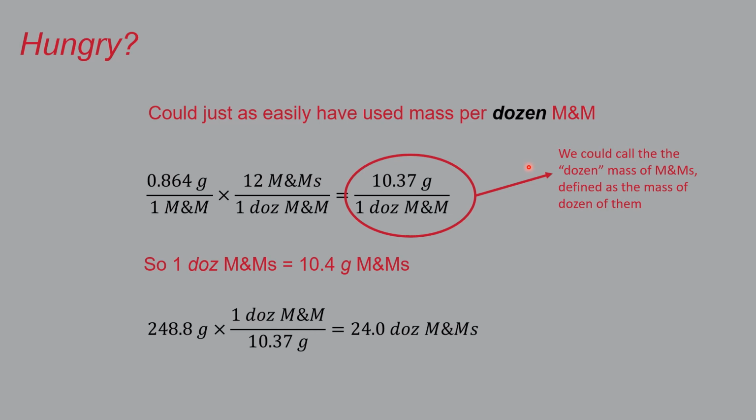I've got 248.8 grams of M&Ms. Each dozen of M&Ms clocks in at 10.37 grams. That gives me 24 dozen M&Ms. Same thing as before, except I'm using a different unit of amount. Before I was using individual, and now I'm using dozens.